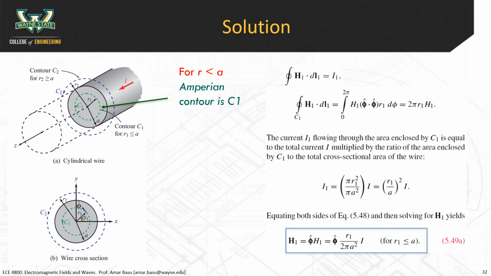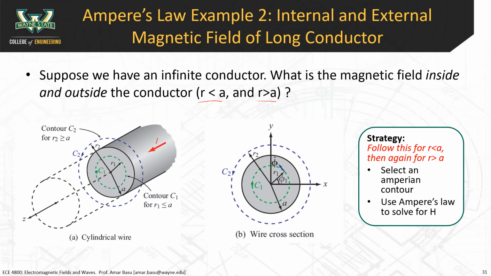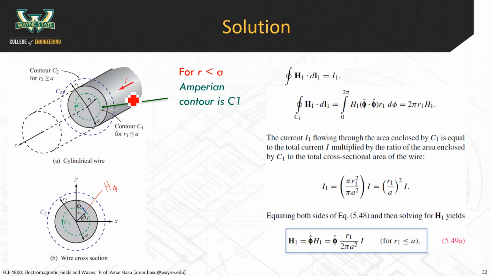All right, so what are the key intuitions? On the interior, there is a magnetic field H phi. Whenever you have current through a wire, take your thumb and point it in the direction of the current, and your fingers are going to curl around in the direction of the resulting magnetic field.